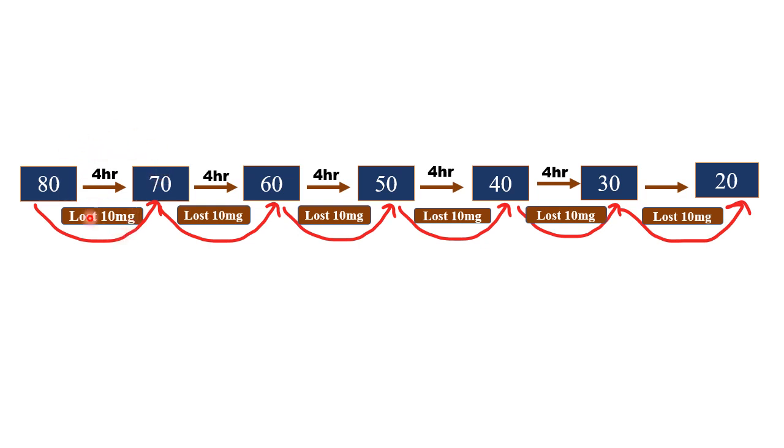How much is lost? 10 mg. A constant amount is being eliminated per unit time. See, 70 mg to 60 mg. How much is lost? 10 mg. 60 to 50, 10 mg. 50 to 40, 10 mg. In first order, constant fraction, 50% there, but here, in zero order, a constant amount of the drug is being eliminated.